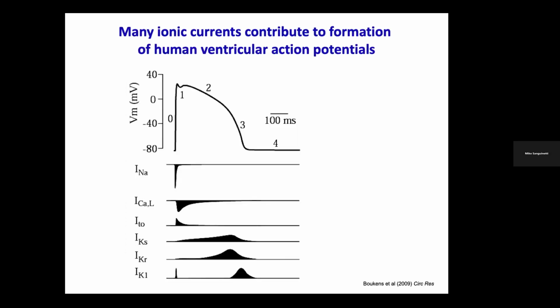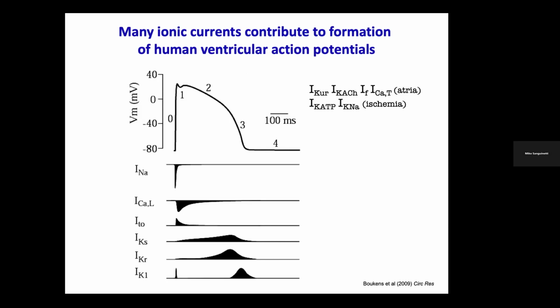So, unlike what Denis Noble first modeled, we now know that the ionic currents that underlie human ventricular action potentials include many more currents than initially thought. There's an inward sodium current and an inward calcium current, which are responsible for the initial upstroke and the start of the plateau. Again, inward currents, these are going to raise the membrane potential. All of these outward currents here are going to cause repolarization of the action potential.